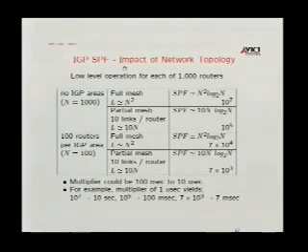So the SPF computation is N squared log 2 of N. If you had a partial mesh and there are 10 links per router, L would be 10 times N. So you would have 10N log 2 of N. And these low-level operations, you would have, in the first case, 10 to the 7th of those low-level operations, and in the other case, you would have 10 to the 5th. So it's quite clear that you've gained a factor of 100 by not having full mesh.